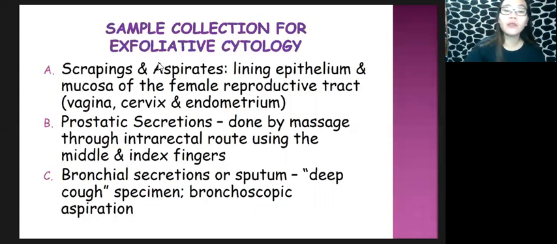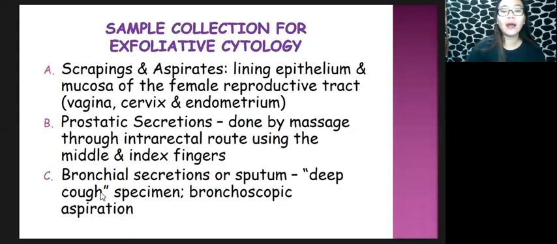All right, so another, we also have your bronchial secretions or sputum. So for our sputum in particular, we want to collect a deep cough specimen, so that your specimen or sample is representative of your lower respiratory tract.